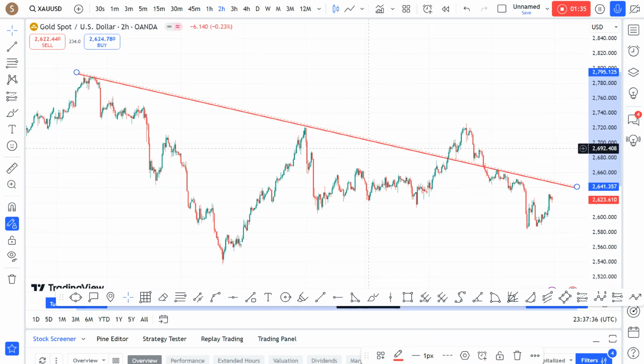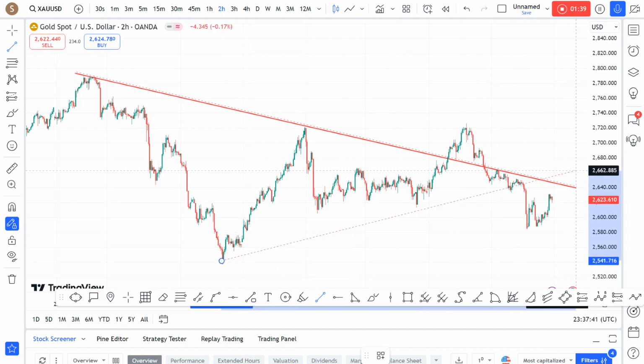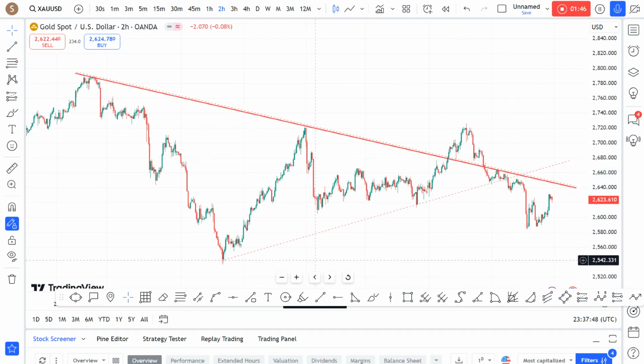Then this is our new roof, and let us look for our floor. It's our new floor.